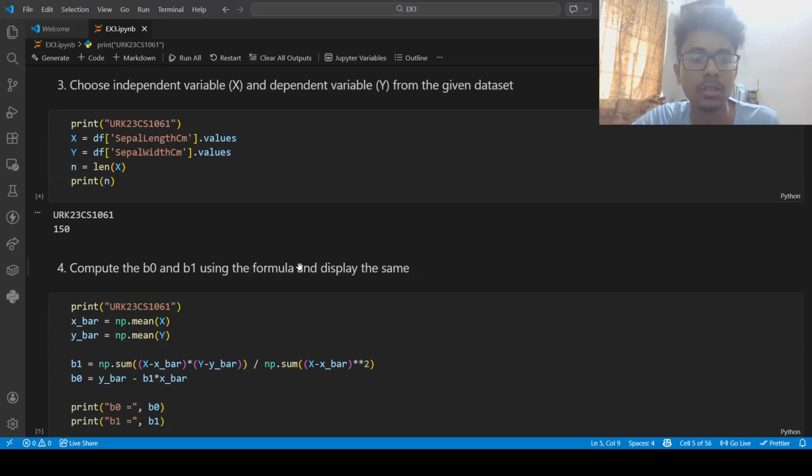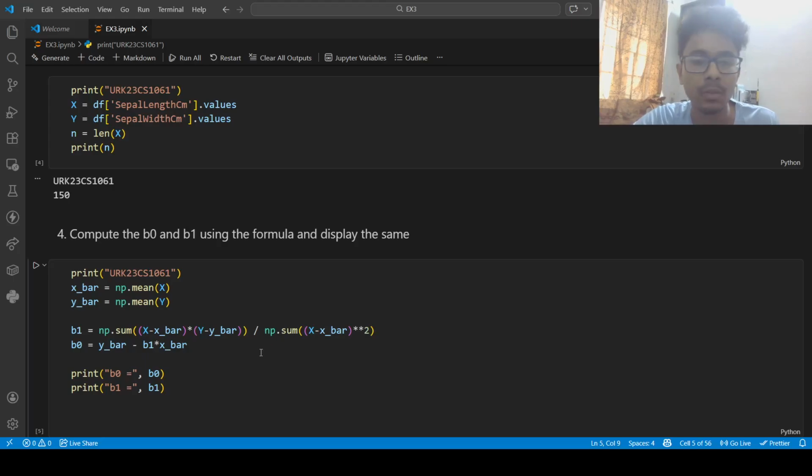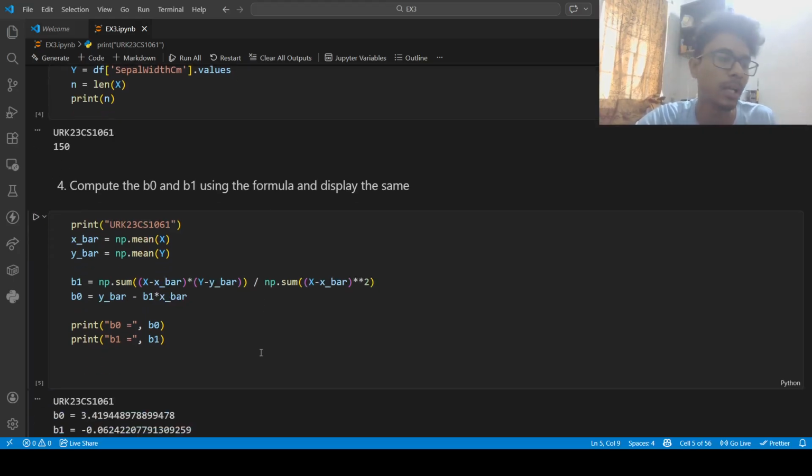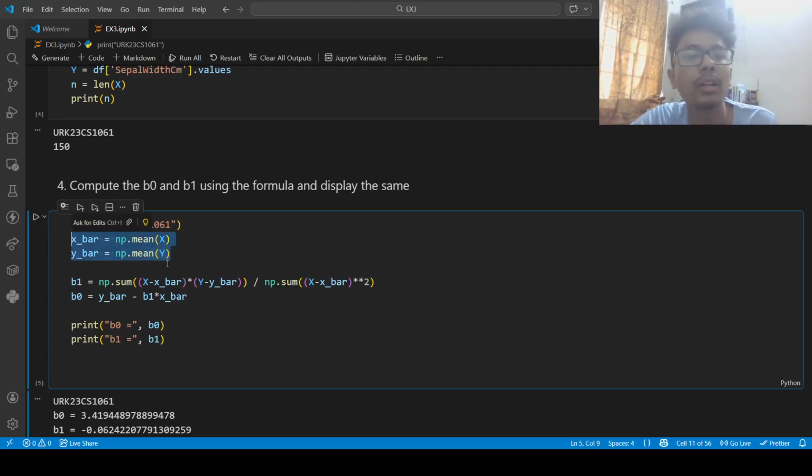The next question is to compute B0 and B1 using the formula and display the same. Before that, we need to know the formula. The linear regression equation is y equals b0 plus b1x, where b0 is the intercept and b1 is the slope. We perform the mean calculation with these two codes: x bar equals np.mean of x, and y bar equals np.mean of y.